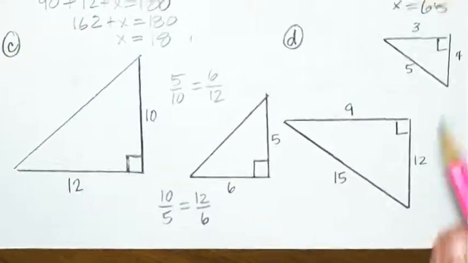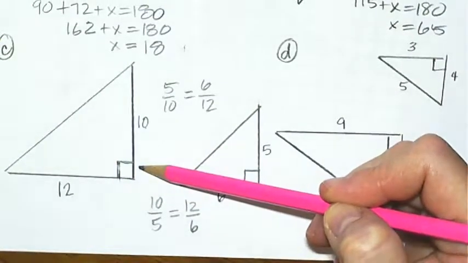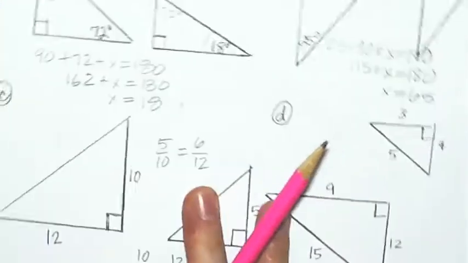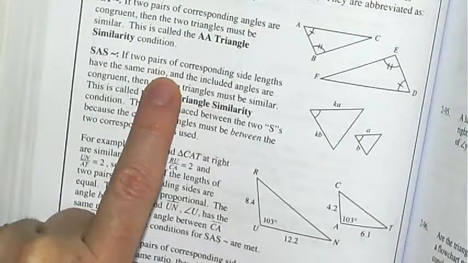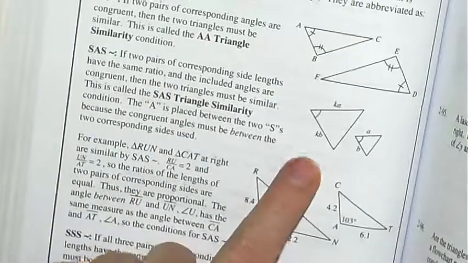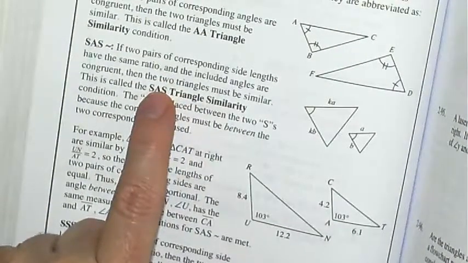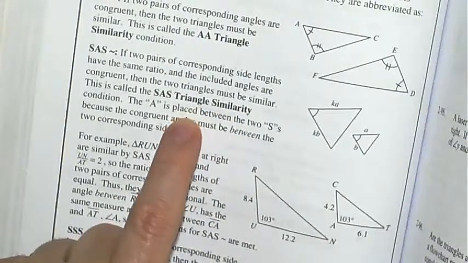It doesn't say which one's the original. And then we've got the angle in between those 2 sides that's equal to this angle. So yes, these two triangles are similar by side angle side. If two pairs of corresponding side lengths have the same ratio, which we just saw, and the included angles are congruent, then the two triangles must be similar by SAS.